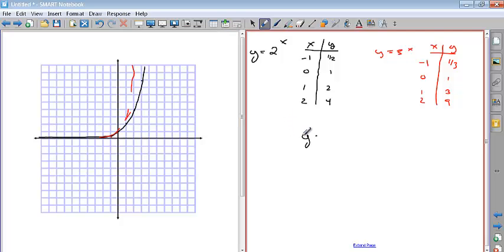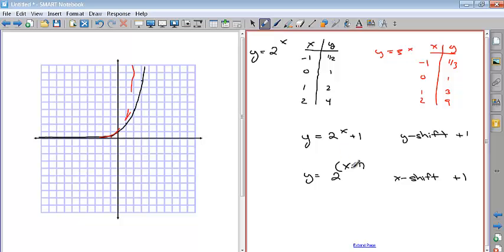And then you have the normal transformations. So let's say we start with this. If I add 1, that's a y shift of +1. If I did y equals 2 to the x minus 1, the argument of which is the exponent, this would give you an x shift of +1.